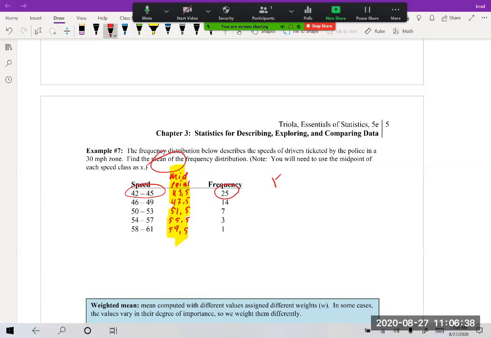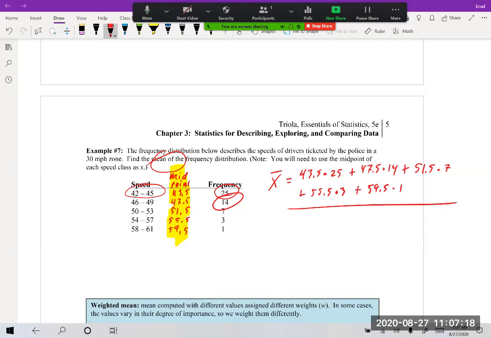So I'm going to say X bar equals 43.5 miles per hour times 25 people, plus 47.5 miles per hour times 14 people. All I'm doing is using the frequencies with the midpoints. 51.5 times 7 people plus 55.5 times 3 plus 59.5 times 1. And I'm going to divide all of that by 50 people, right?